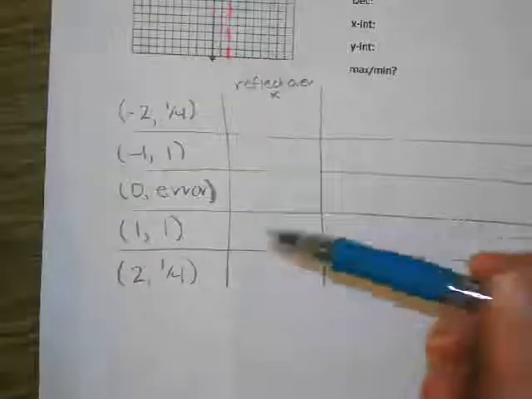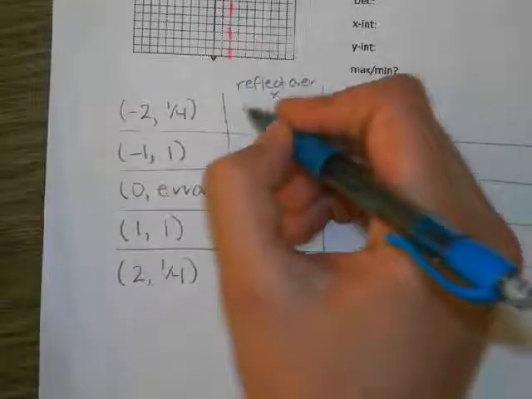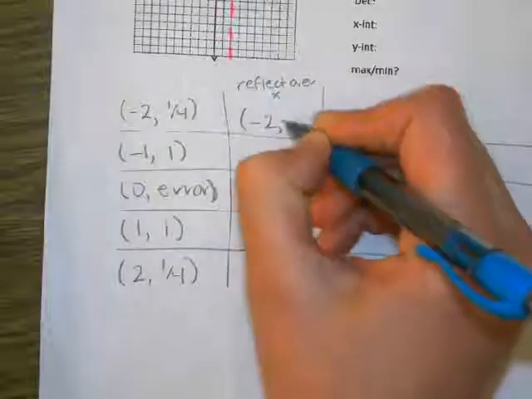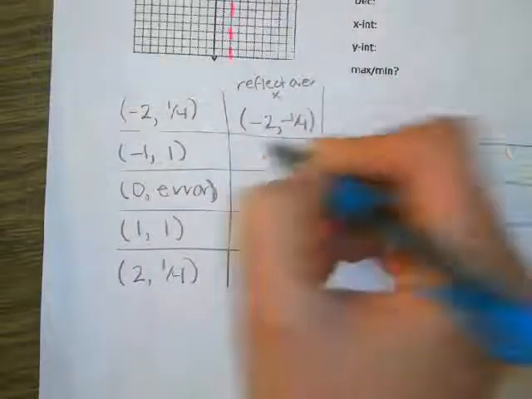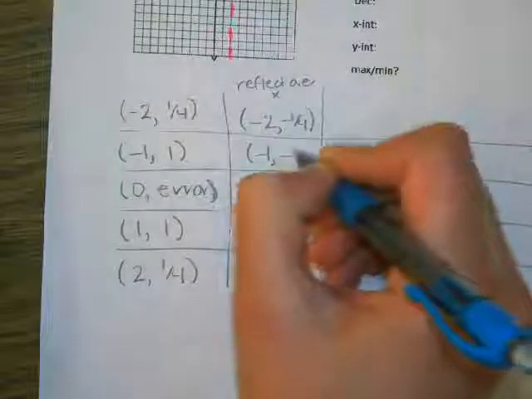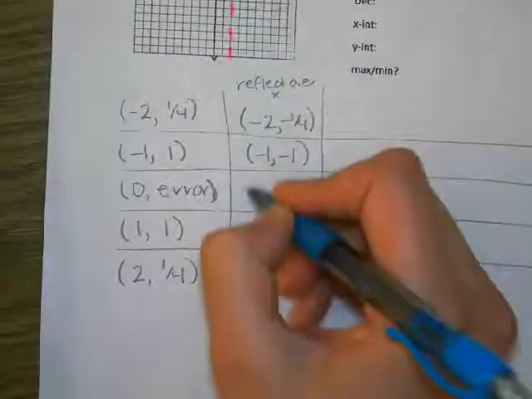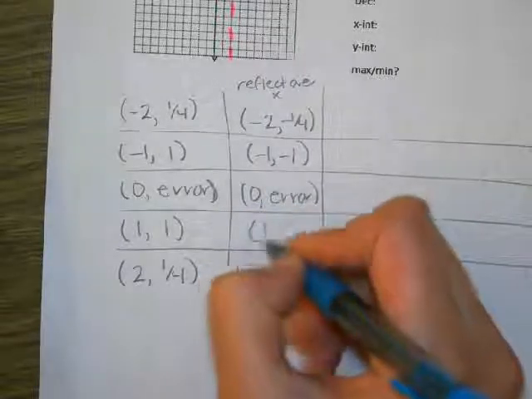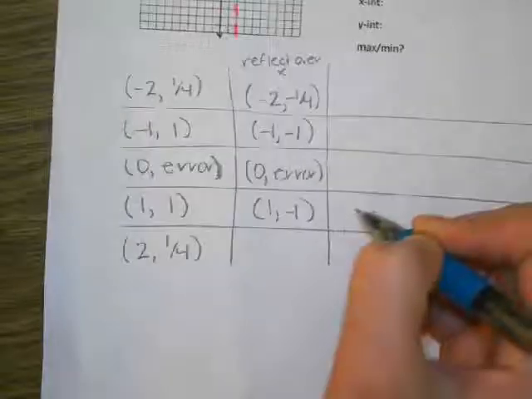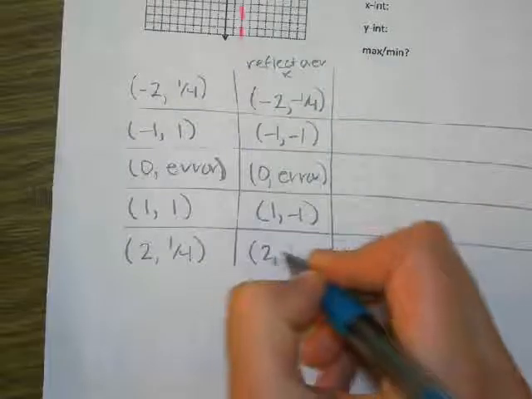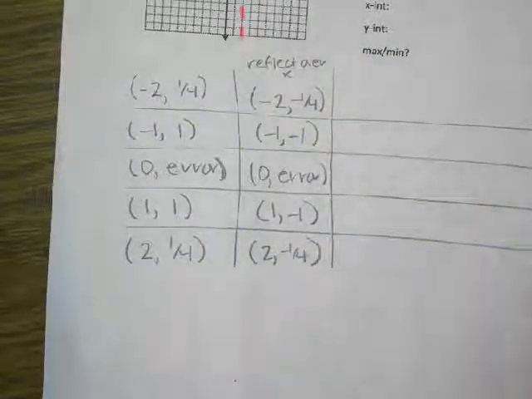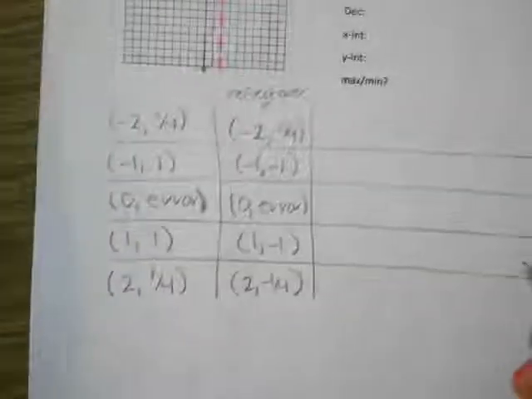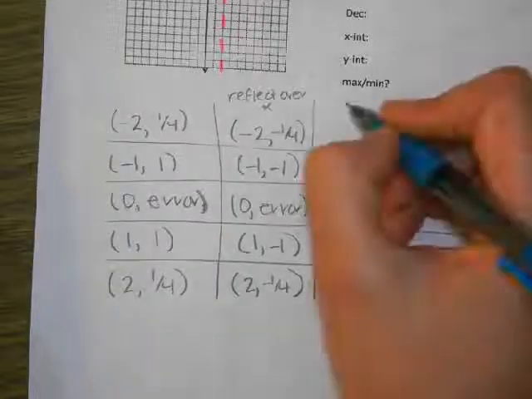And we multiply it by negative 1. So this is going to be negative 2, negative 1/4, negative 1, negative 1, 0, error, 1, negative 1, 2, negative 4. Okay. Then we have to do right 2.